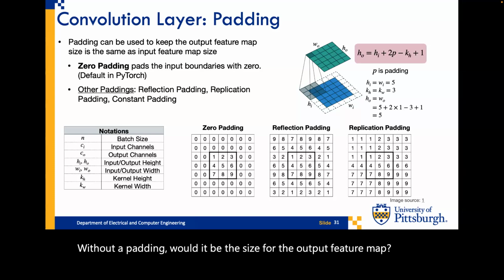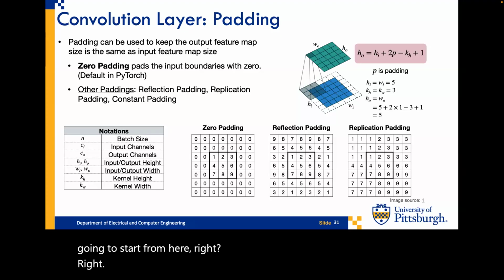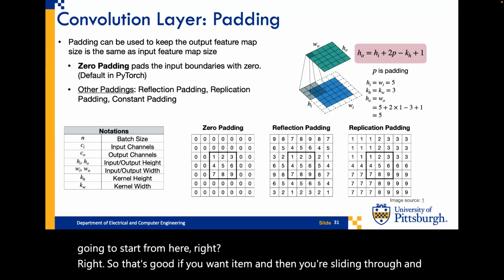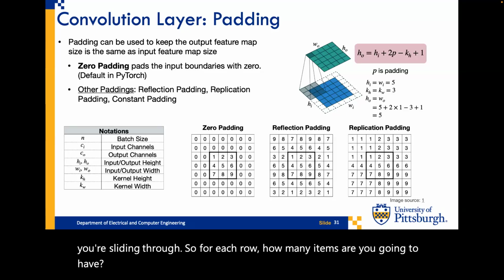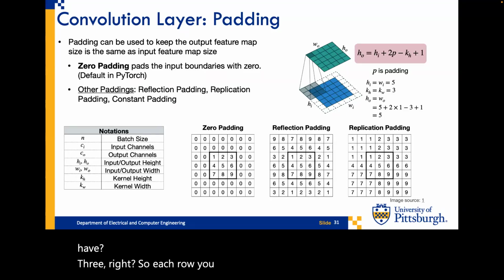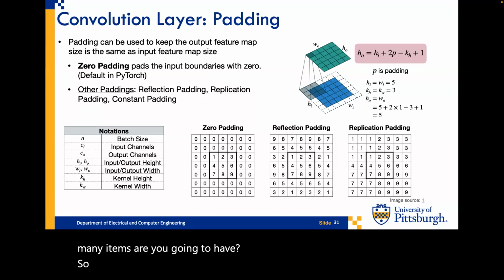Let's see, without padding. The 3 by 3 filter starts from here, and that's one item. Then you slide through. For each row, how many items are you going to have? Three, right? And for each column, how many items? You slide through the first 3 by 3 blue cube, then you come down here.